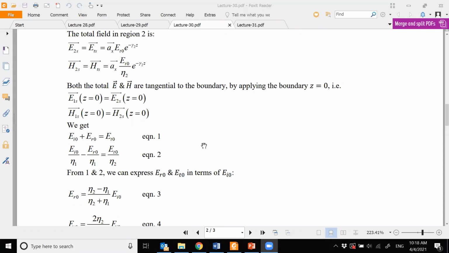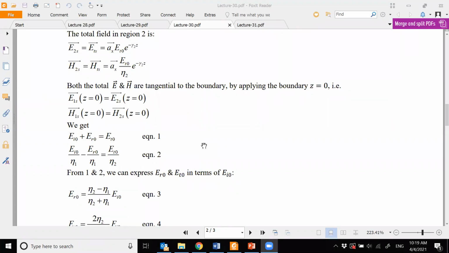So what boundary conditions are you applying? Because my interface is charge free, we started our electromagnetic wave derivation assuming that there are no charges and no sources. So rho v is 0 and there is no surface current. Therefore my boundary is charge free and current free.